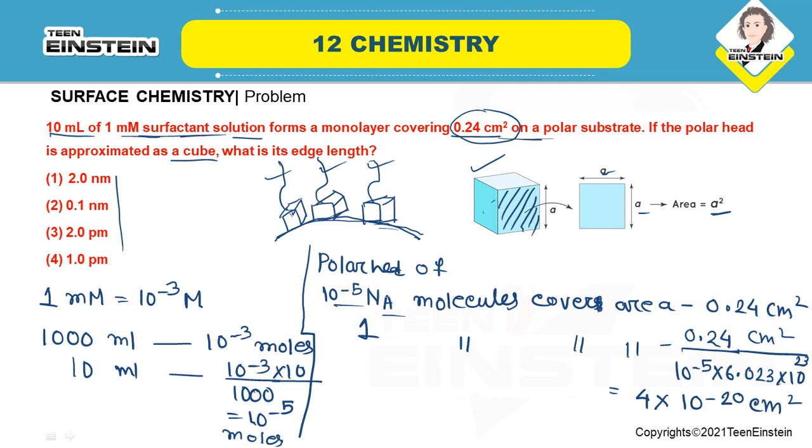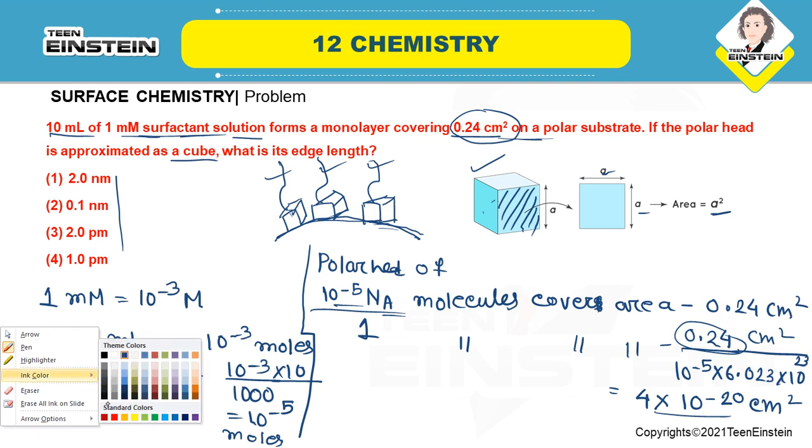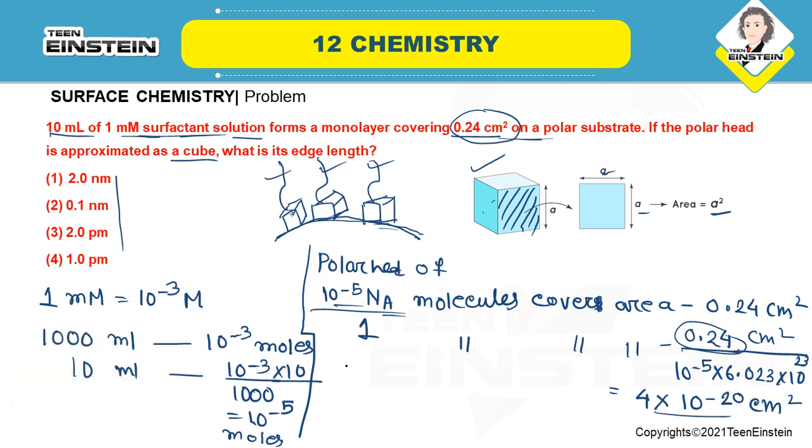So for this number of molecules, the area is very large, but the area for one molecule will obviously be a very small value, 4 into 10 to the power minus 20. Okay, so this is the area. So this value is equal to a square, where a is the edge length, because it is for one molecule.